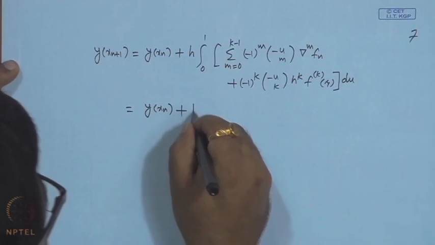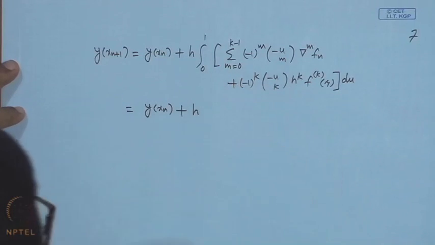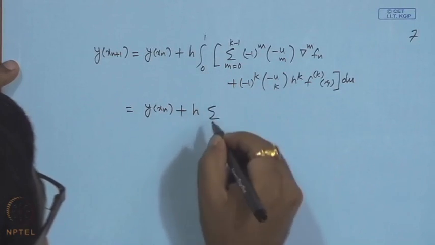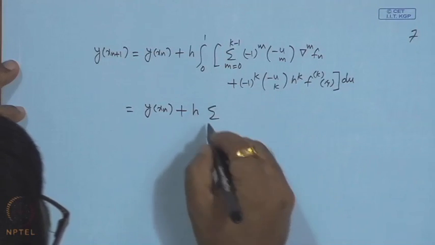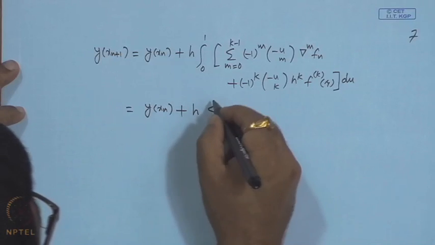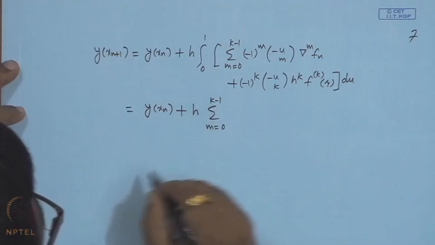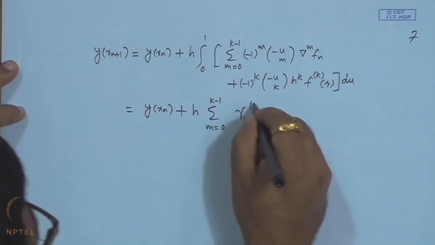plus h. I take the integrand inside, summation outside, which is permitted. So, 0 to k minus 1. So, some new notation.